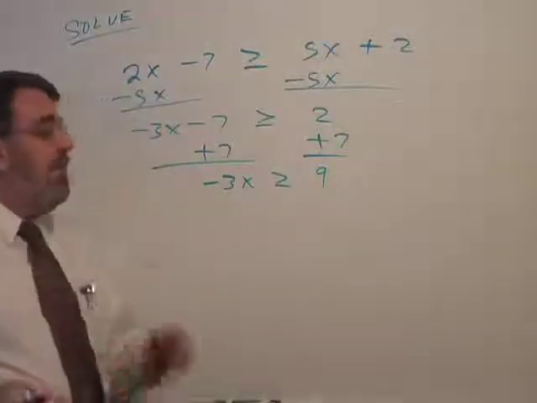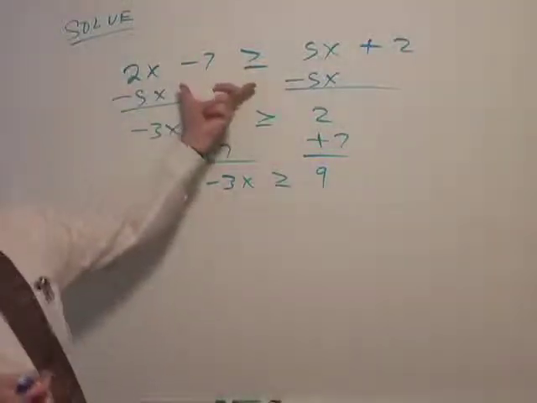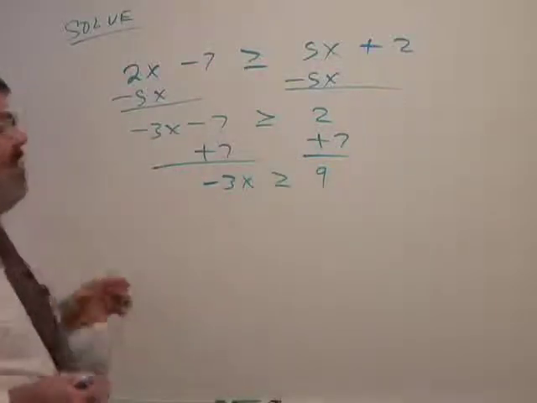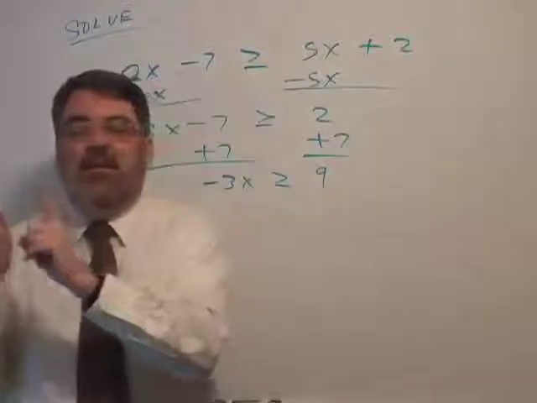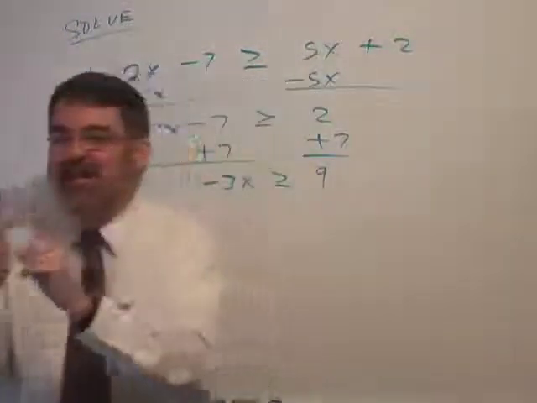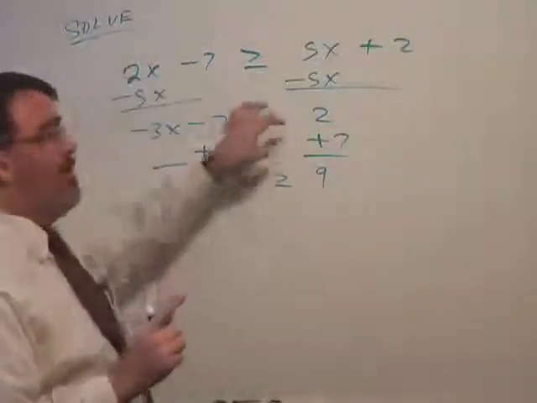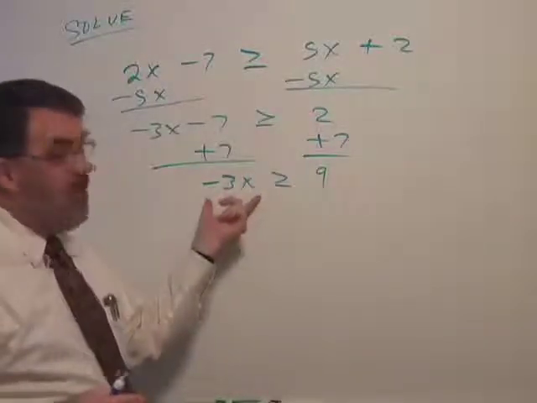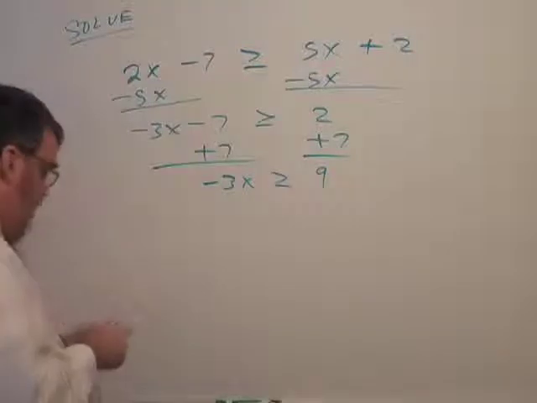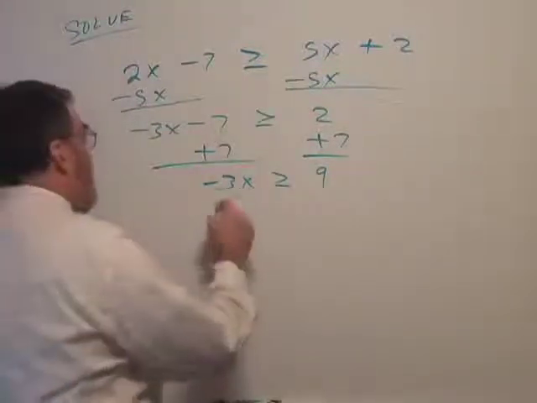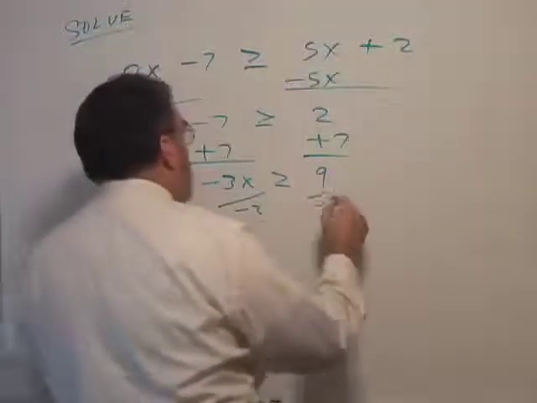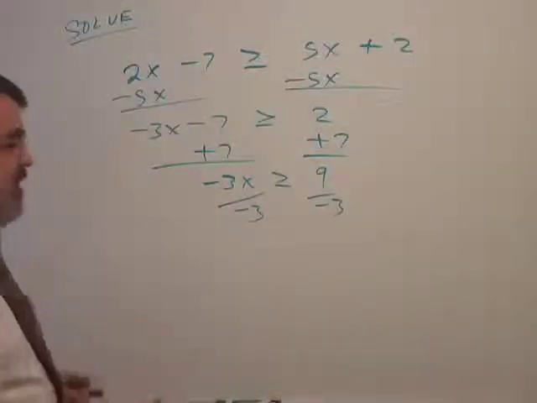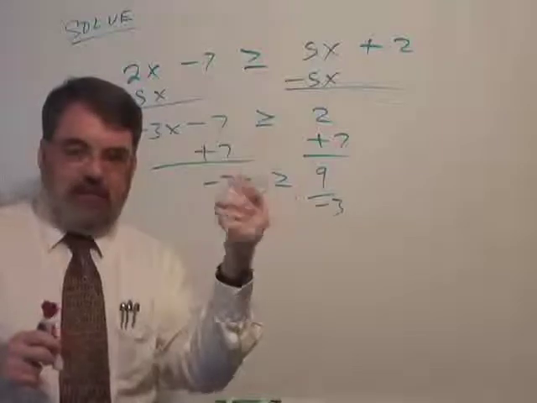Now, I subtracted the same number from both sides, and then I added the same number to both sides, and those were geometric translations. Those do not change the inequality symbol. At this point, however, to finish, I need to divide by negative 3, and dividing by negative 3 is the same as multiplying by negative 1/3, and so it causes that reflection.